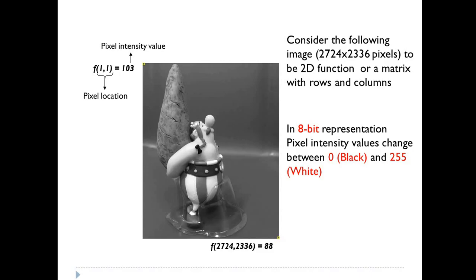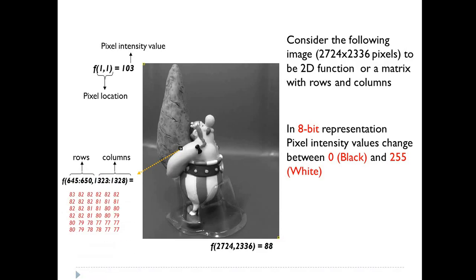Now I am going to show a small area which comprises many pixels. Here the area considered in this picture ranges from 645 to 650 rows and 1323 to 1328 columns.